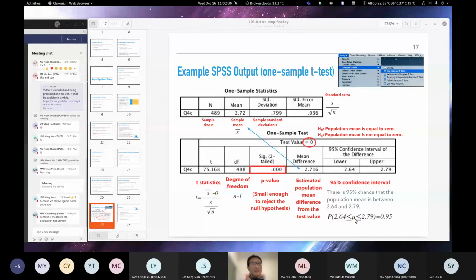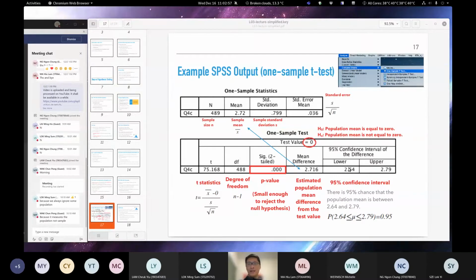I am not just giving you one single value because we can never be certain about the answer. We are not certain about anything, but I can give you a range of possible values. In this case, the answer is that the population mean is somewhere between 2.64 and 2.79.